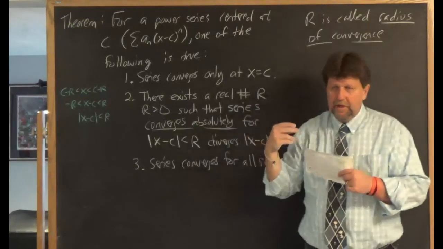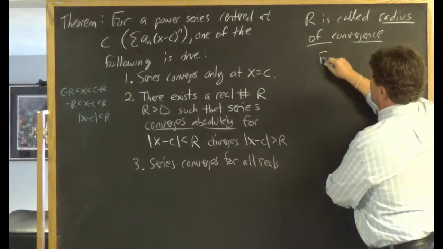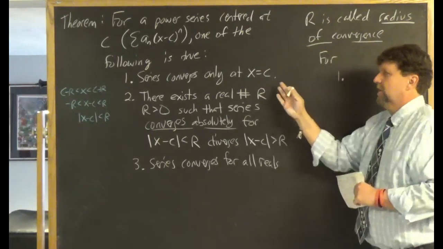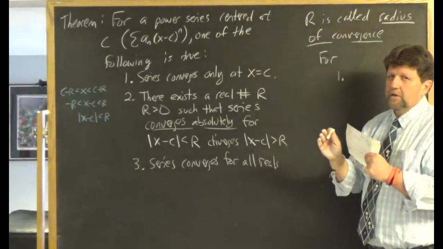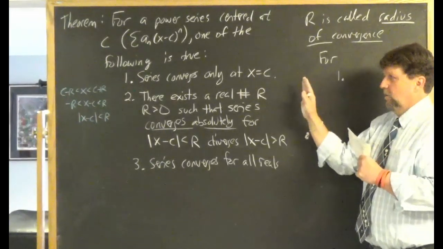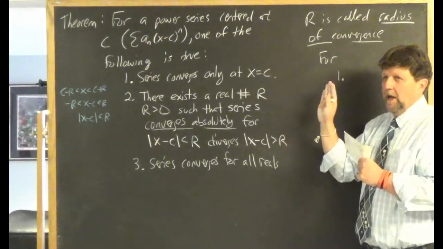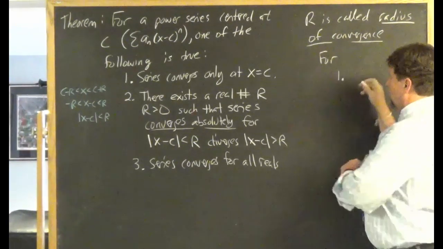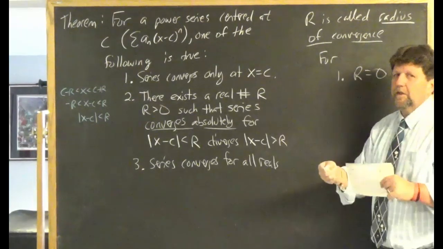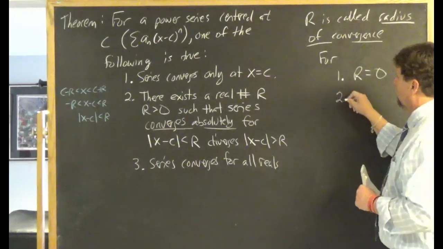So for each of these 3 parts, 1, 2, and 3: for number 1, if the series converges only at a single value of x, I see where my x equals c. Look at that picture. If I don't move to the right any and I don't move to the left any, that means r has a value of 0. The radius of convergence is 0.